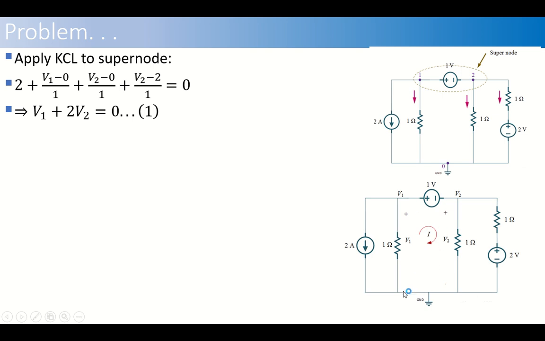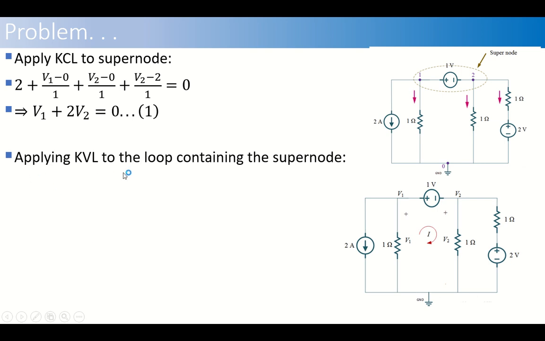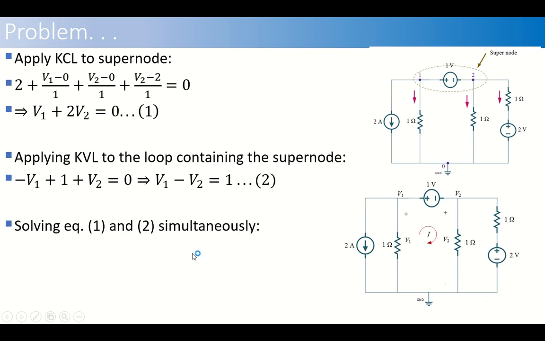You can see that if we start from this point, voltage here is V1. So the first polarity that we are encountering is negative, or ground. So minus V1 plus 1 plus V2 is equal to 0. So applying KVL to the loop containing the super node, minus V1 plus 1 plus V2 is equal to 0, or V1 minus V2 is equal to 1. So now we can call this equation number 2.